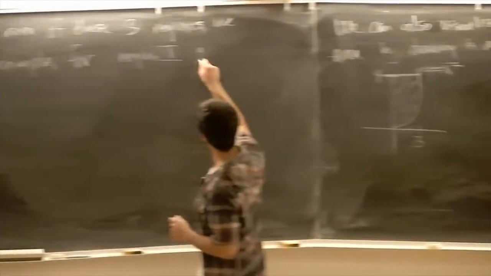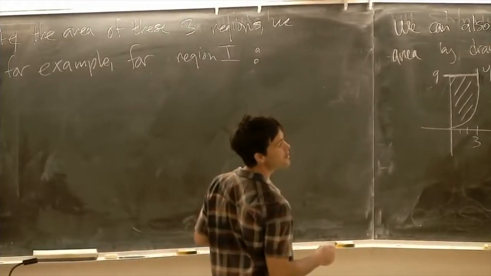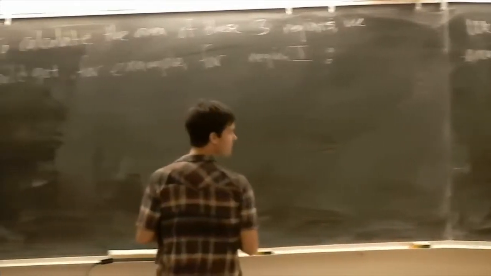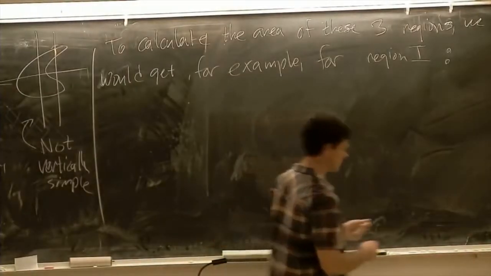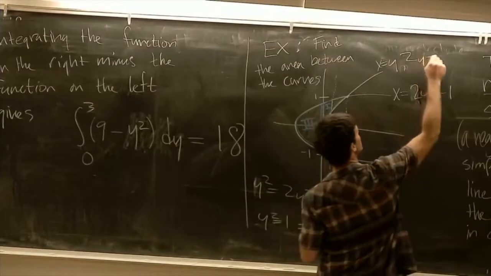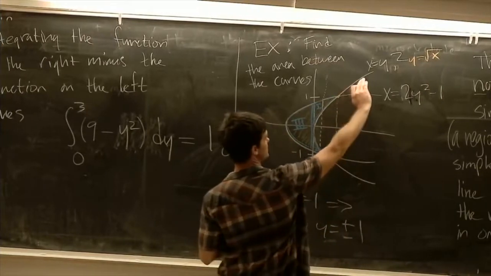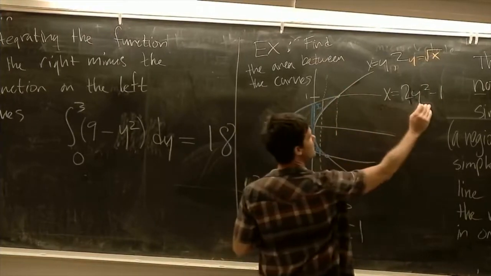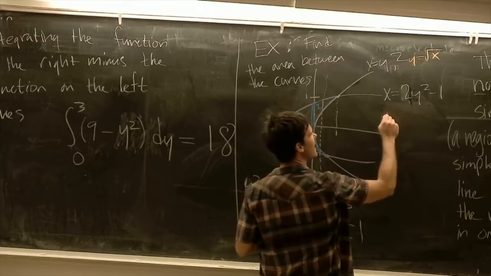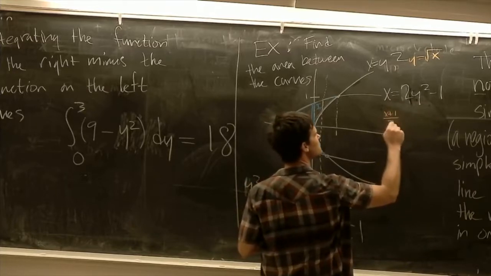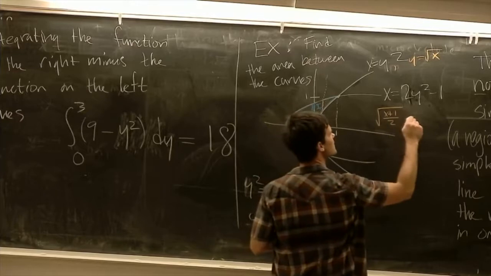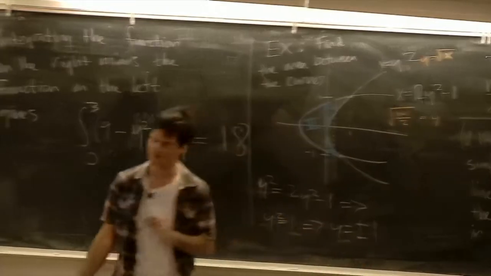So for region 1, let's see. Oh, I didn't even solve for what y is as a function of x, by the way. So from this, I would get y equals square root x as the function for this line. From here, I would get (x plus 1) over root 2 is y as a function of x.